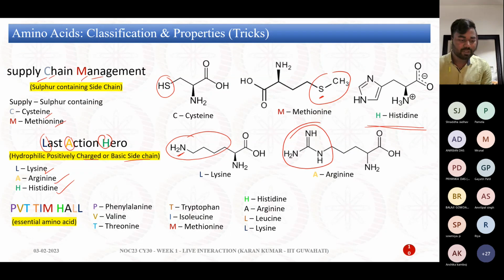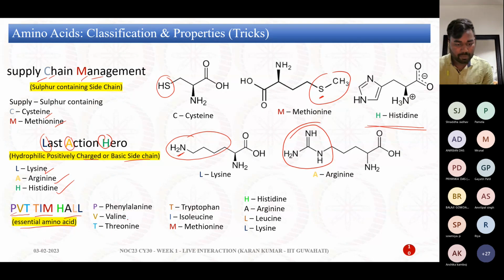Yes, very good. To remember the essential amino acids, you can recall them using "private timber hall." Private can be abbreviated as PVT, then Tim, and Hall. Imagine you are going to a timber hall which is a privately owned company.